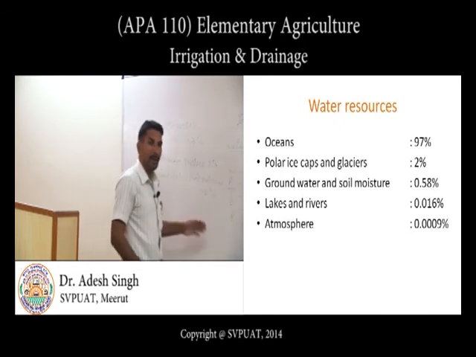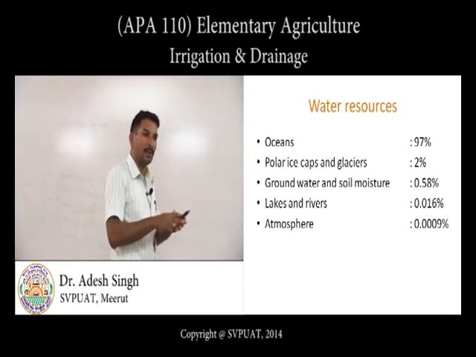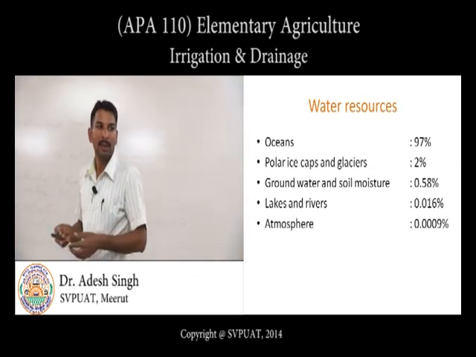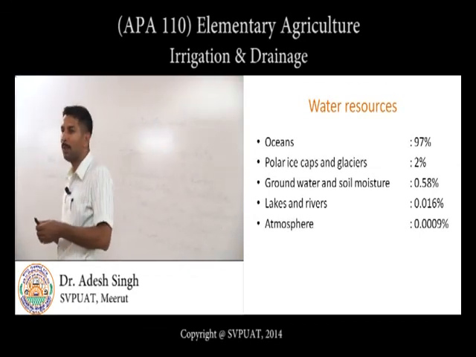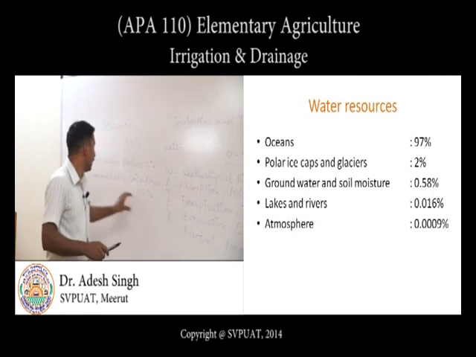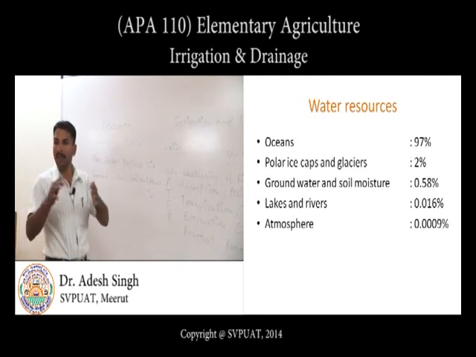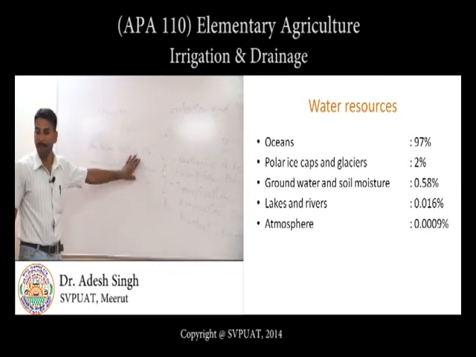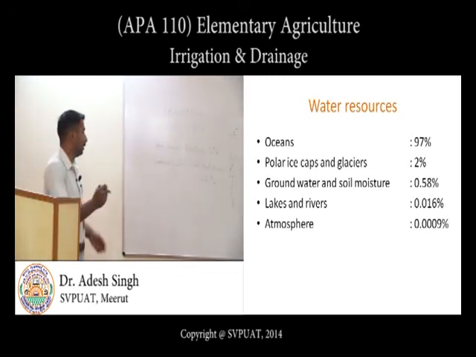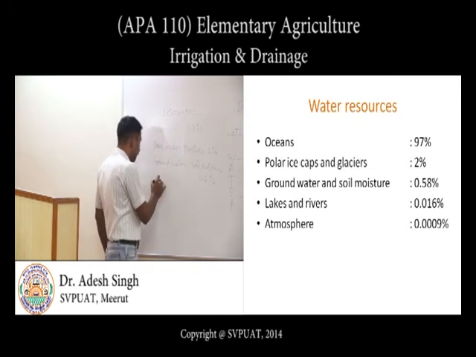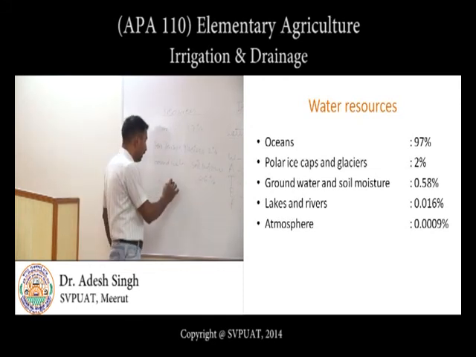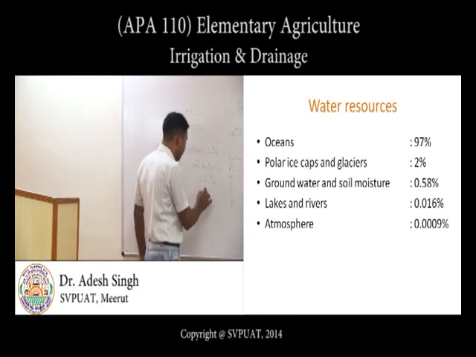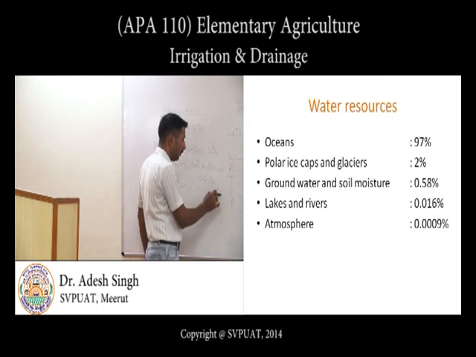It means whatever water is retained in the ground, which can be pumped out through various bores, either submersible pumps or simple pumps, and the soil moisture which is retained in the soil, is mainly utilized by the crop plants. Water is also present in the lakes as well as in the rivers, but the extent is lesser, that is 0.16% only.